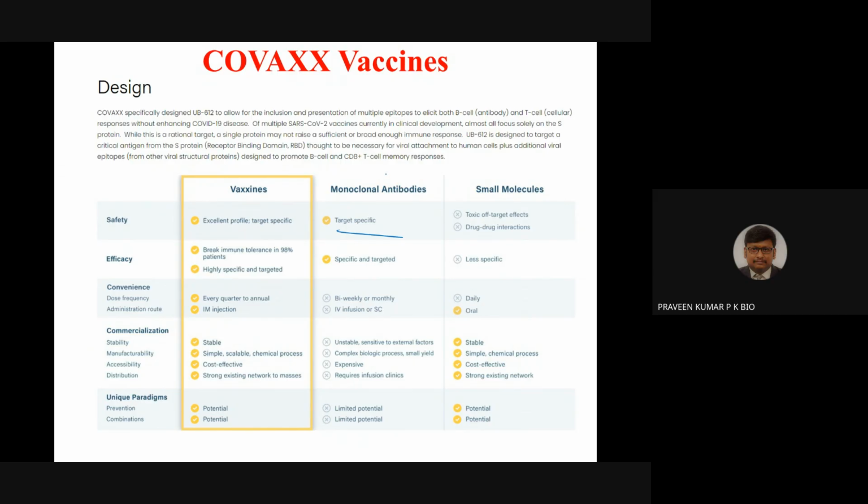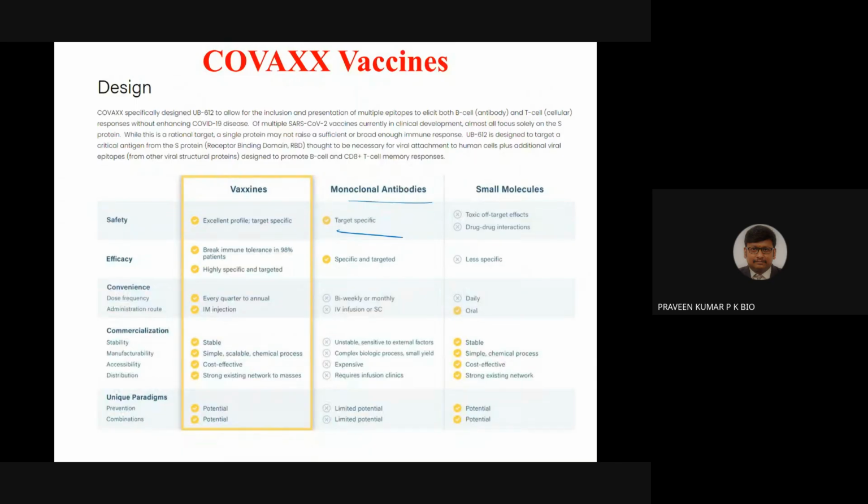For treatment of cancer in advanced or chronic stages, this is the only treatment, monoclonal antibodies. But if they are in initial stages, we can also try small molecules for treatment.